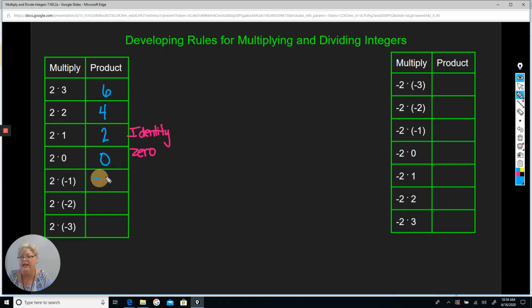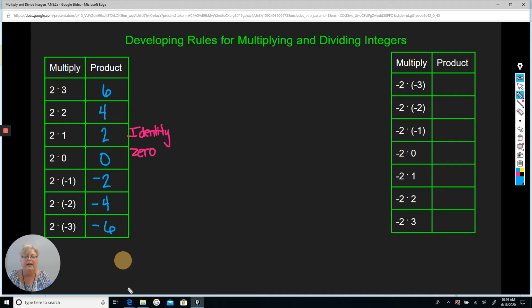I think it's going to be -2. I'm pretty sure about that, because 2 times 1 is 2, and the pattern shows that it's decreasing, so that's going to be -2. Taking what you know there, where you had a positive term and a negative term and you multiplied and got a negative, this would be -4, and this would be -6. So you see a pattern going on there.